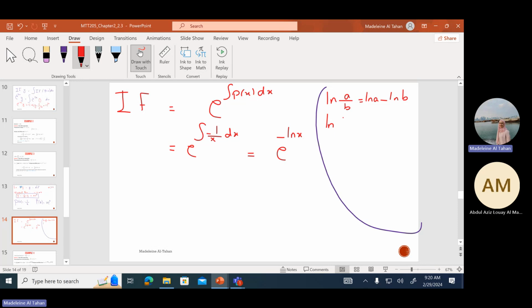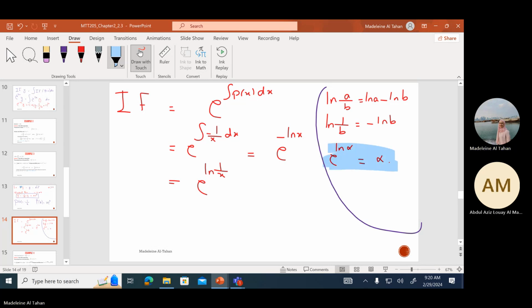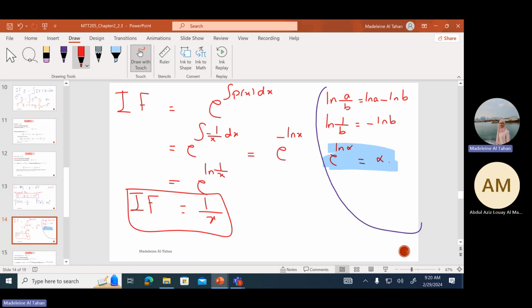So ln 1 over B is equal to minus ln B. And e power ln alpha is equal to alpha. These ones are from calculus. So this one, what can we write it? E power ln 1 over x. Do we agree? Now, can we apply this formula? Yes. What will we get? 1 over x. So our integrating factor is 1 over x, and we will put it in a box.